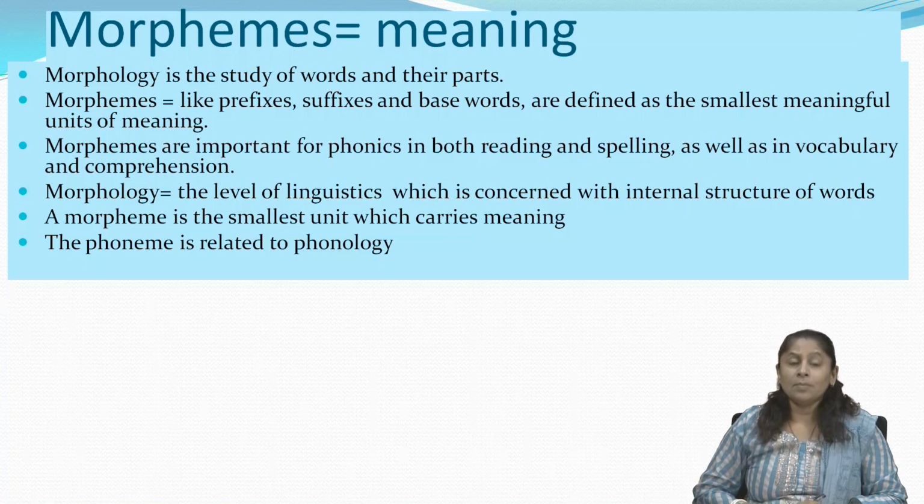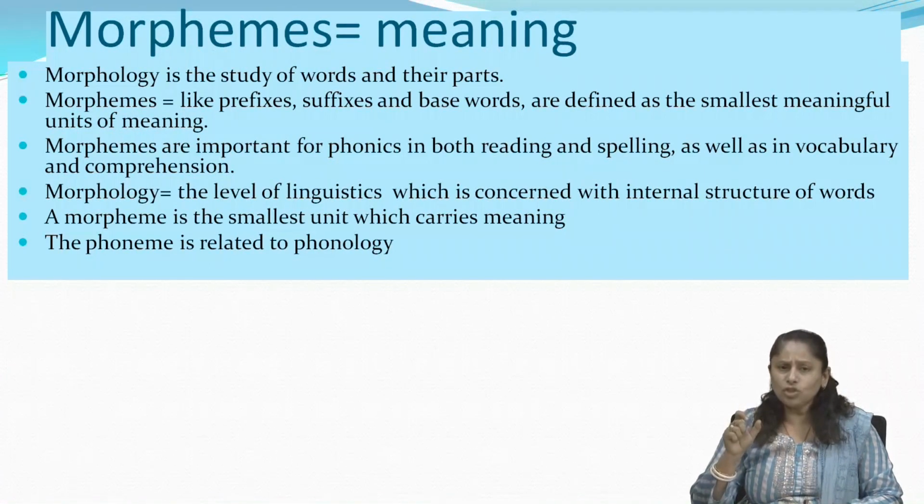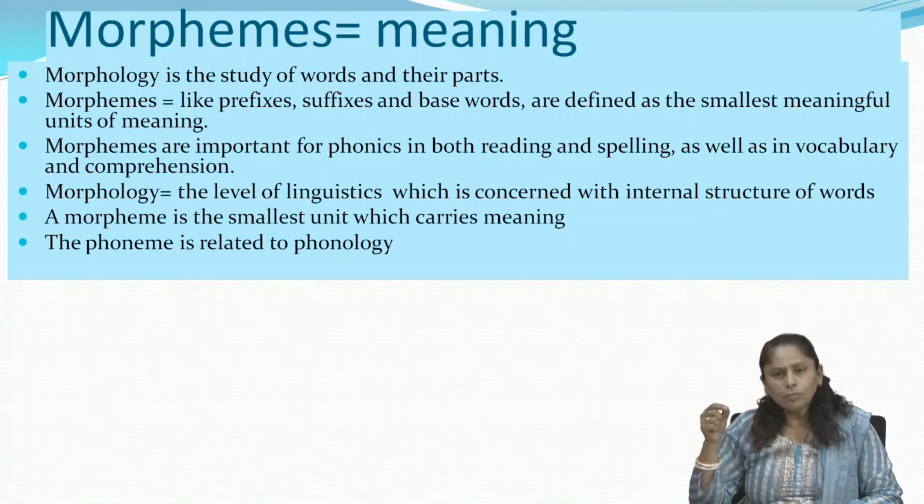Look, morphemes are important for phonics in both reading and spelling, as well as in vocabulary and comprehension. Morphology is the level of linguistics which is concerned with the internal structure of words. A morpheme is the smallest unit which carries meaning. The phoneme is related to phonology in the same way a morpheme is related to morphology.